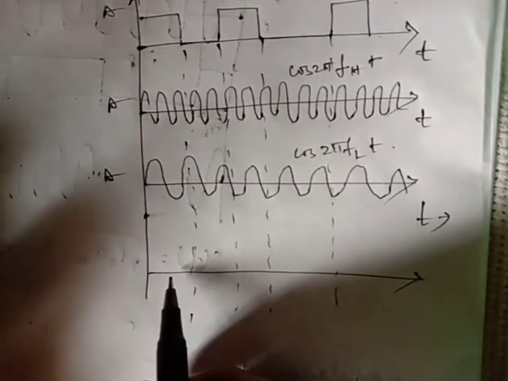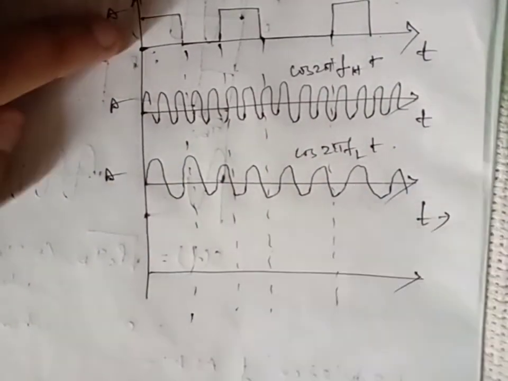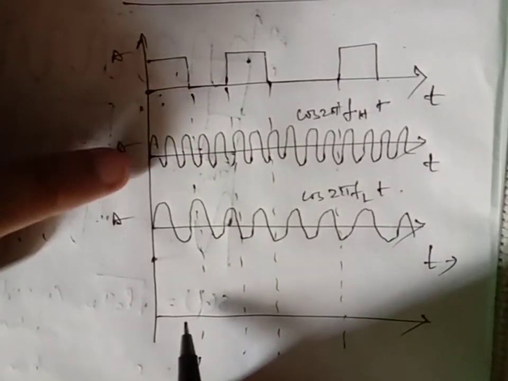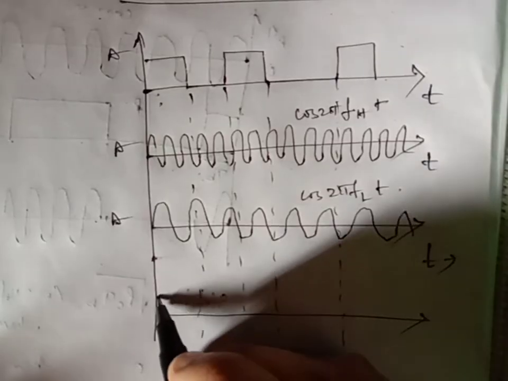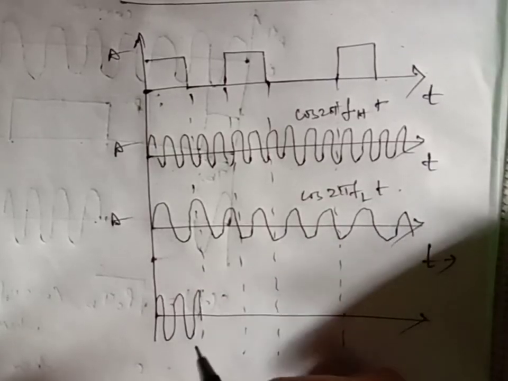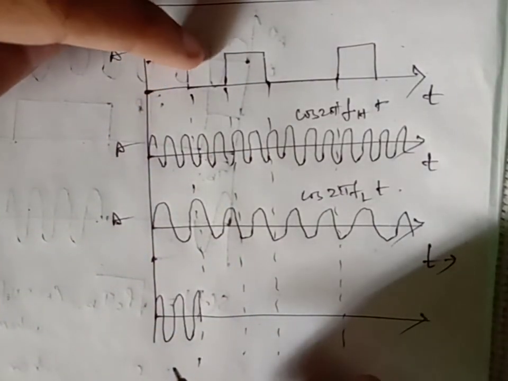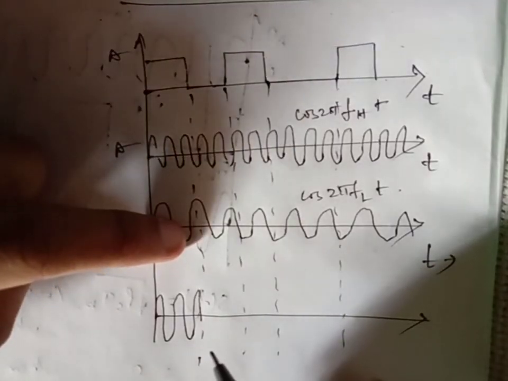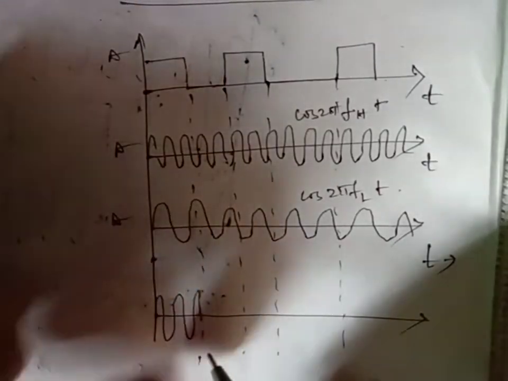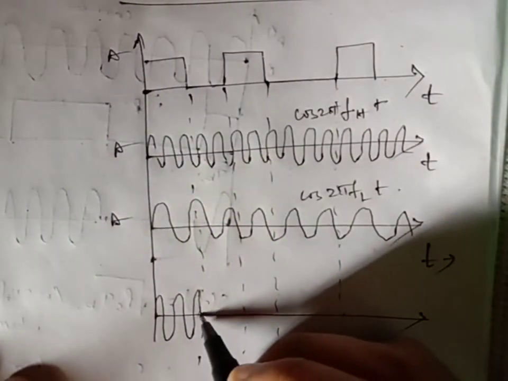In this area there is 1 in the input, hence the signal having higher frequency will be reflected here, so a higher frequency signal will be there. Here the input is 0, hence the carrier having lower frequency will be there in the output. So like this.